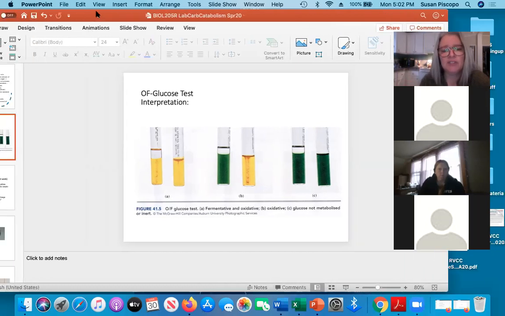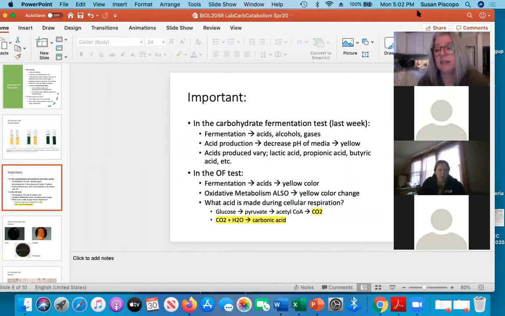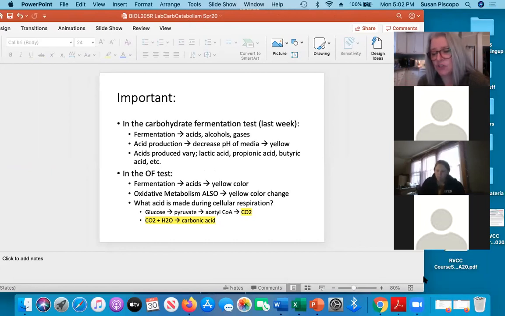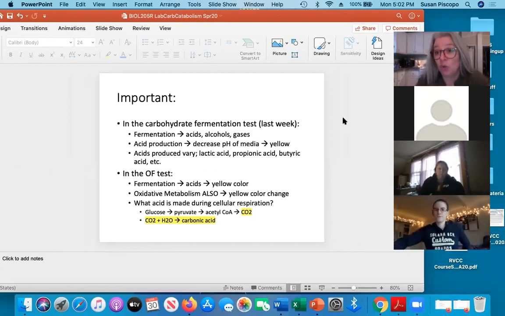All right, now I want to mention just one important thing about this OF test that can be confusing when you think about it next to carbohydrate fermentation. And this goes back to when I said you have to know what indicator dye you're using. Well, you also have to know what kinds of acids are being produced that will turn an indicator dye yellow. So remember, when we looked at fermentation last time, fermentation can produce acids, it can produce alcohols, and it can produce gases.